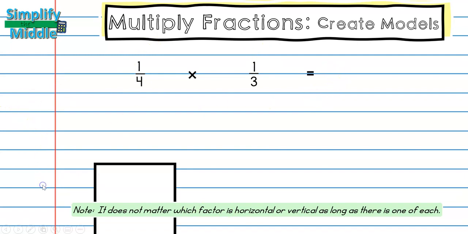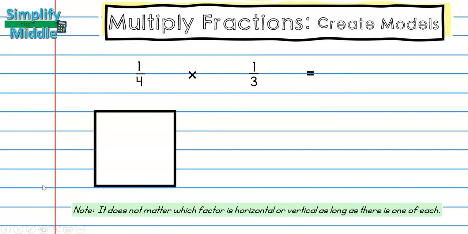So for 1/4, I'll start with my box, and I'm going to cut it into 4 pieces like the denominator says. So I'll still do rows here. And then I need to shade only 1 because the numerator 1 tells me how many to shade. It doesn't matter if you shade on the top or the bottom, as long as one of your pieces is shaded.